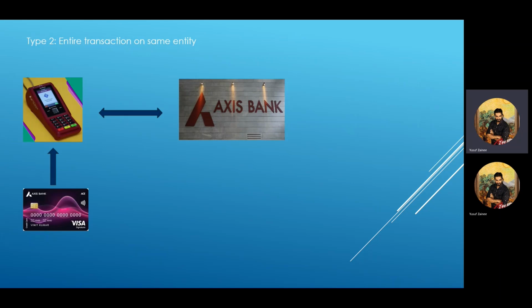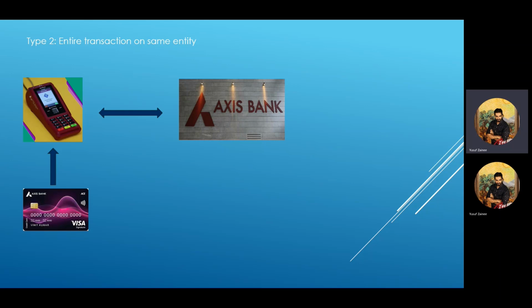Now the second type is on us transactions, where let's say that you own an Axis Bank credit card and you are swiping it on the Axis Bank machine, so the acquirer is Axis Bank. In this case, we do not need to forward this transaction to Visa to do the validation or send it across to some other bank.